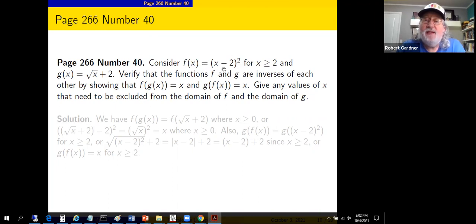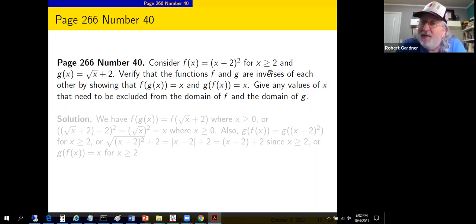If we simply considered x minus 2 squared, that's a quadratic function. It's an opening upward parabola when we graph it. That violates the horizontal line test. This alone is not a one-to-one function. That's why they put this condition on there.